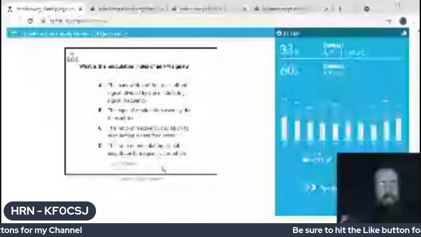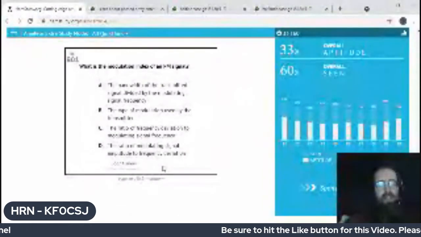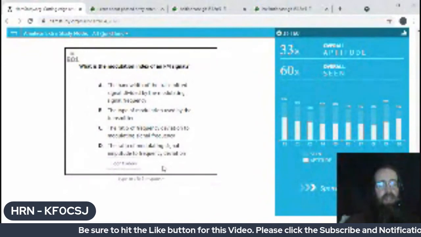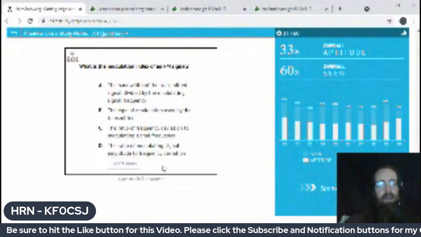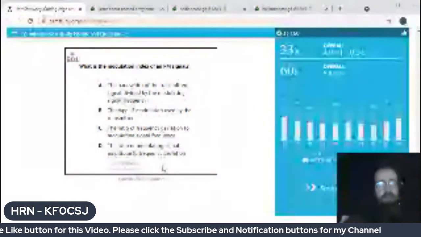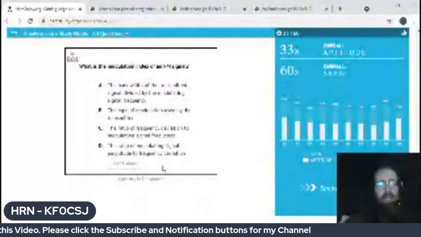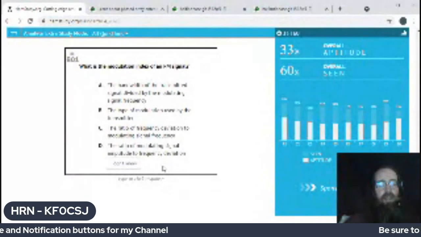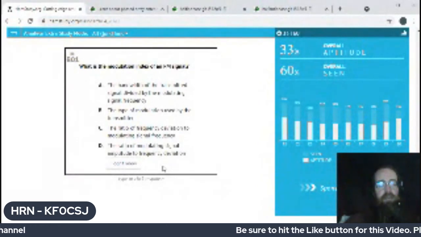What is the modulation index of an FM signal? A, the bandwidth of the transmitted signal divided by the modulating signal frequency. B, the type of modulation used by the transmitter.